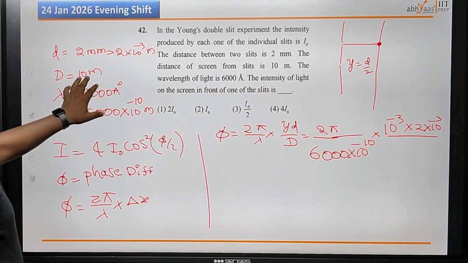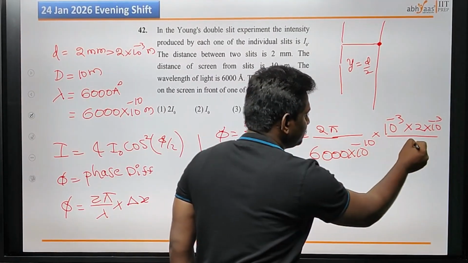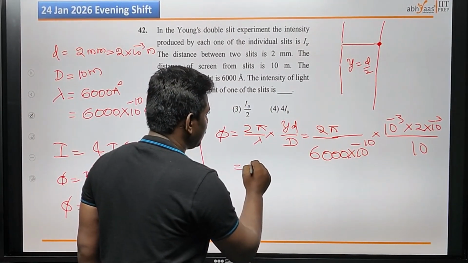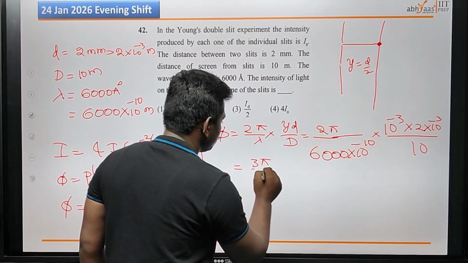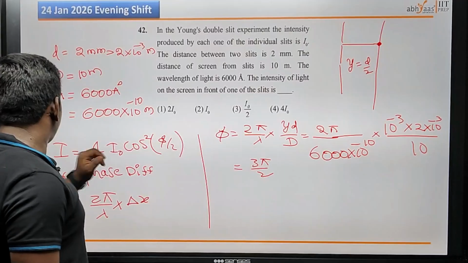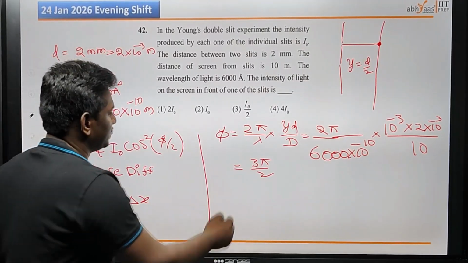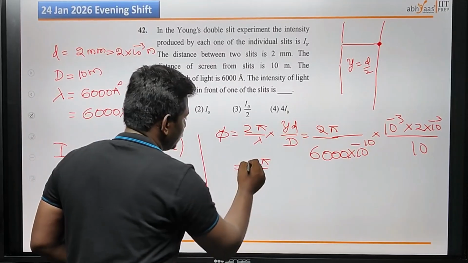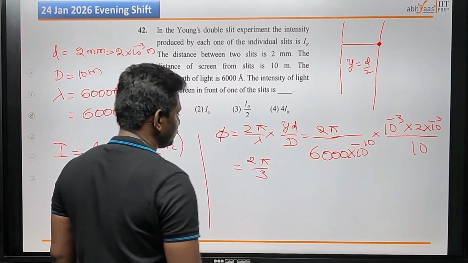By capital D. What is the value of capital D? 10. This is our 10. If you solve this one, you will get the phi value as 2 pi by 3.